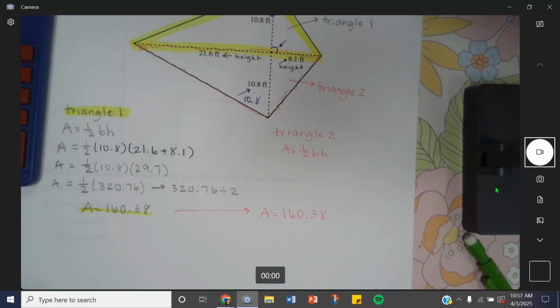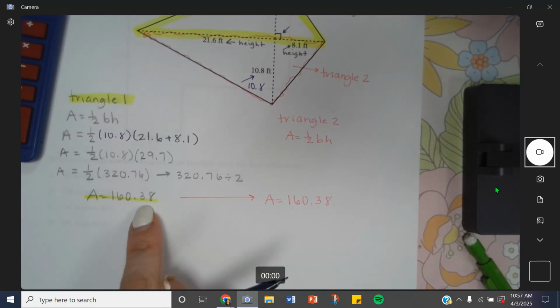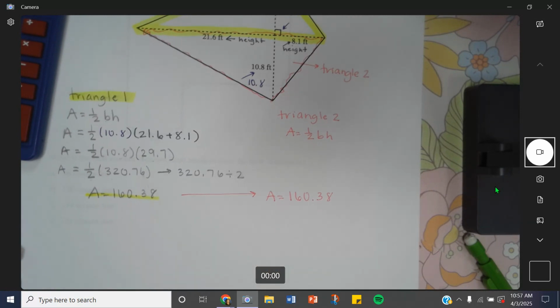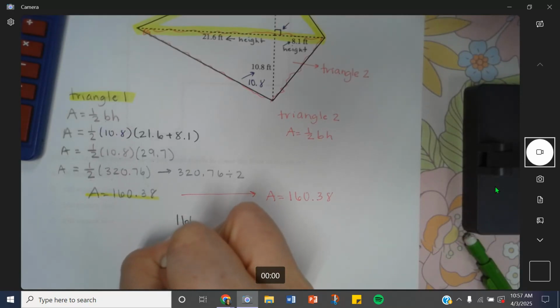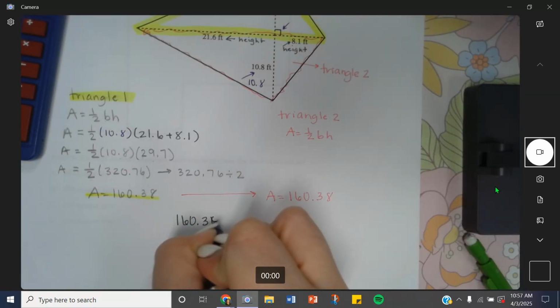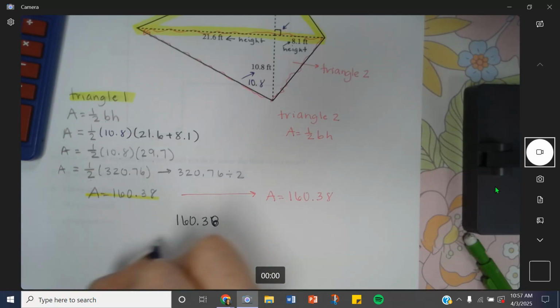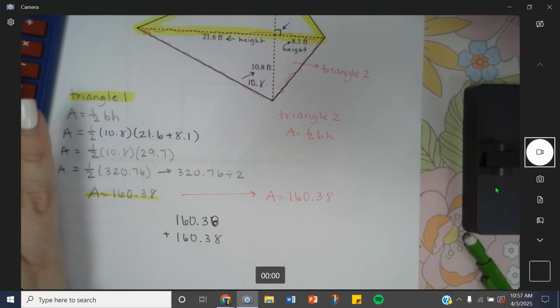So from there, to figure out the area of the entire polygon, all we would have to do is add the two areas together. So the area of the yellow triangle and the area of the salmon triangle, which is 160.38 plus 160.38.